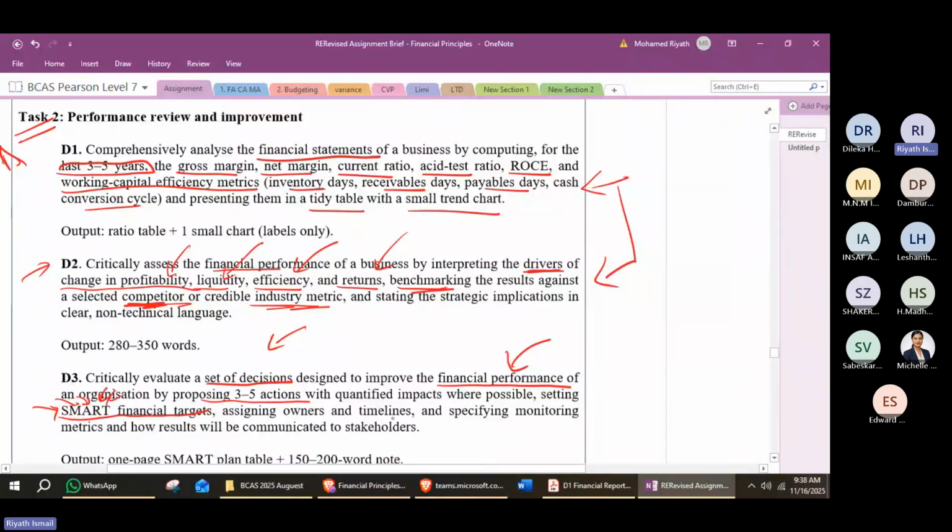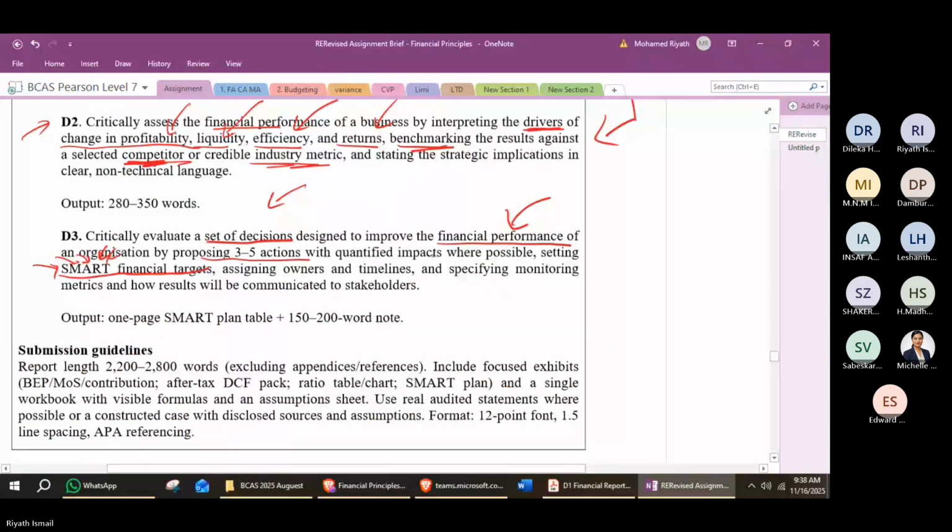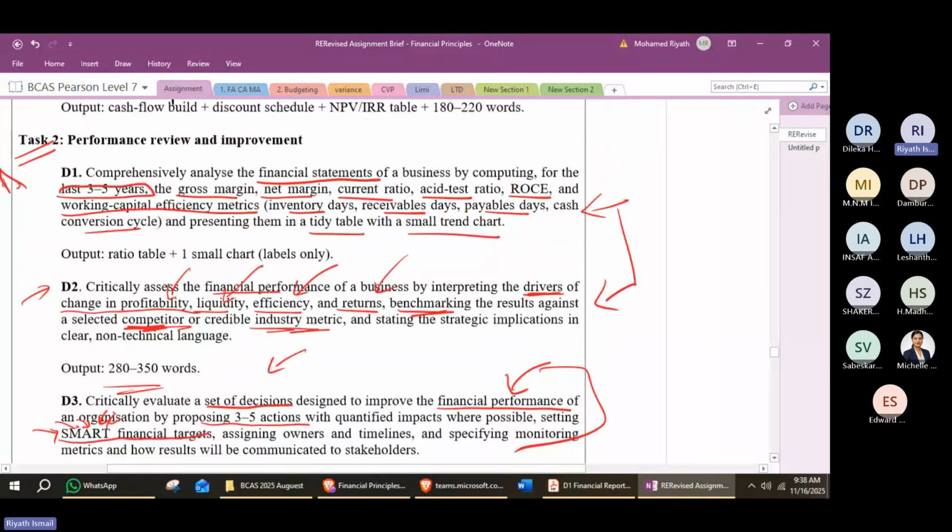Assign owners, timelines, and specify monitoring metrics and how results will be communicated. So it's very simple, but you have to propose some of your ideas and proposals. Here you write a one-page SMART plan and SMART plan table, with very concise narration for each. Don't write much.